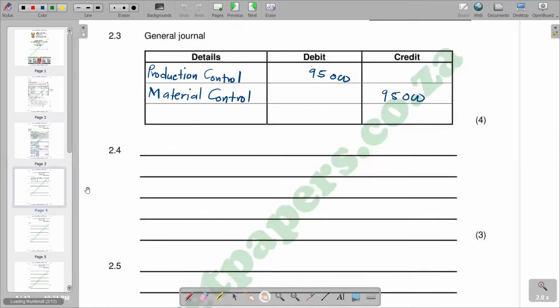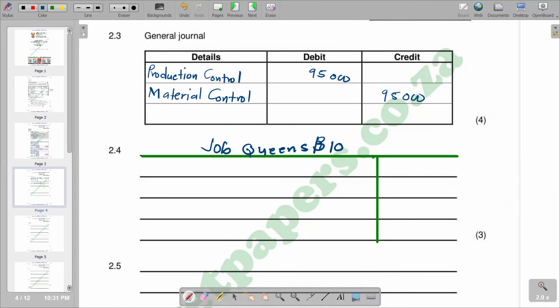So we go to our other section and we try to create a statement for job quiz 3B1, P100.